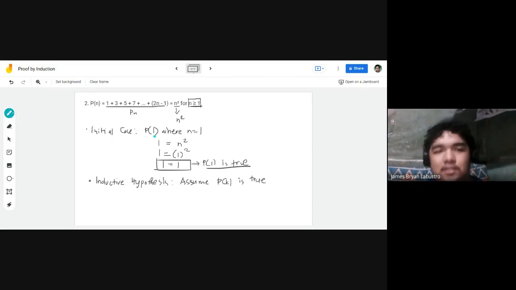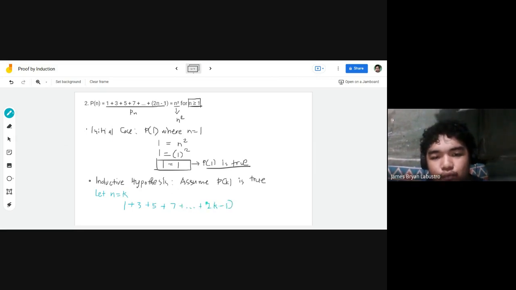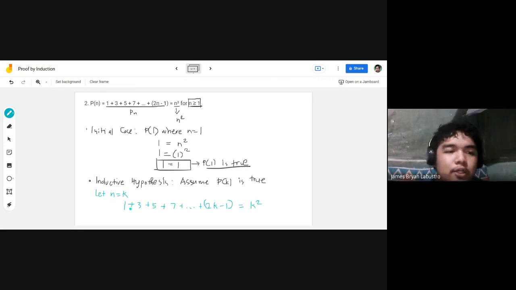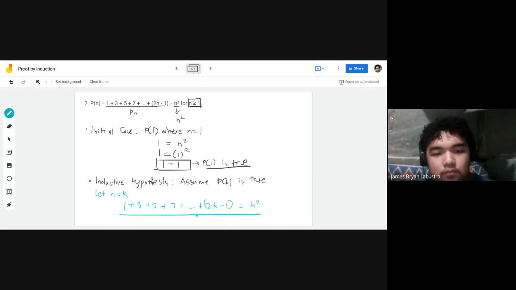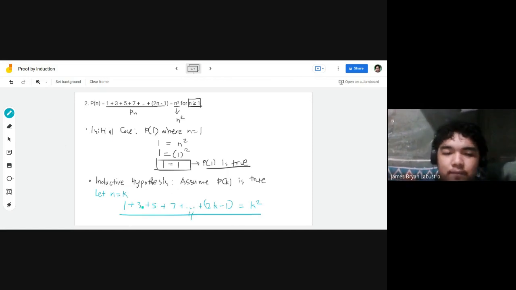So, let n equal to k. So therefore, we have 1 plus 3 plus 5 plus 7 plus the ellipsis plus 2k minus 1 equal to k squared. So, yan. So this would be your inductive hypothesis.